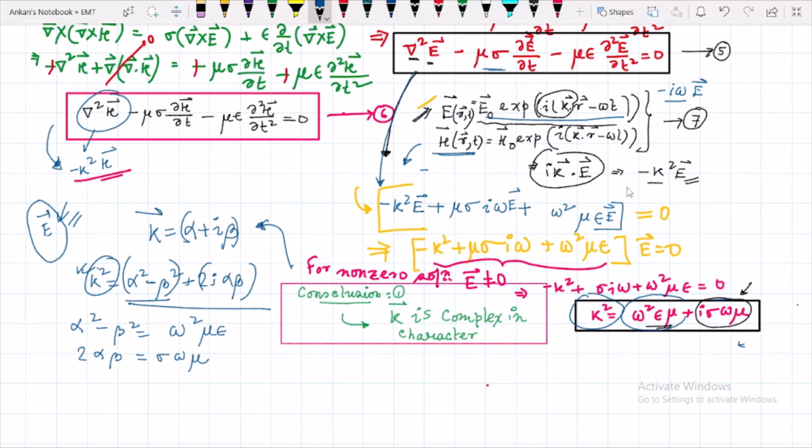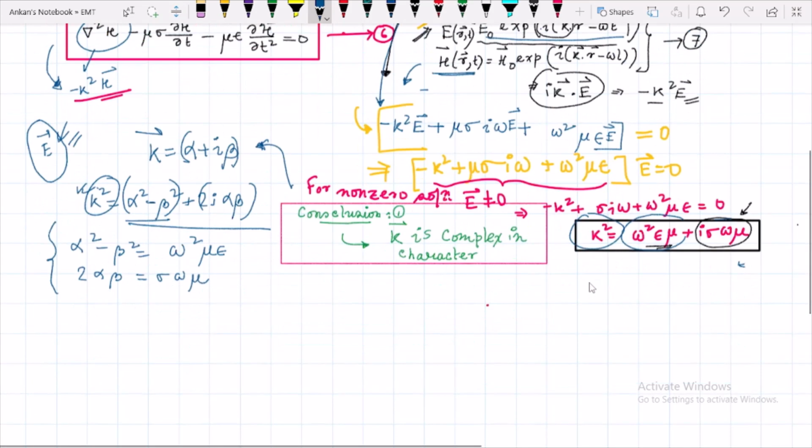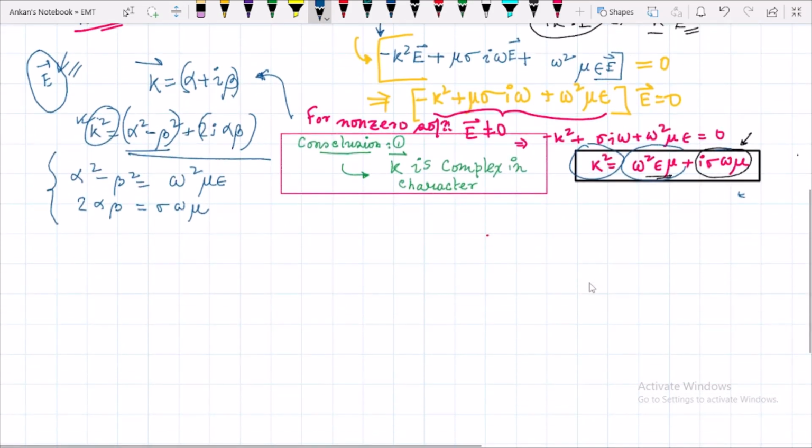So I am writing these just by comparing the real term and the imaginary term present in k square. This involves not too much difficulty. So you have to solve these two equations to find the value of alpha and beta.